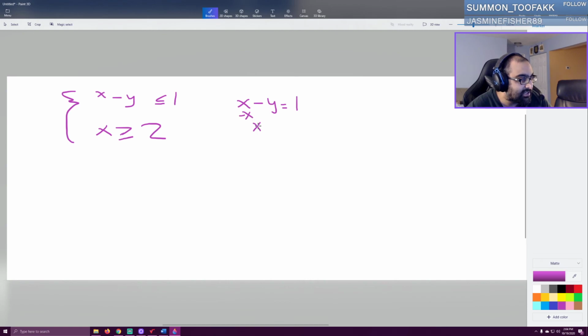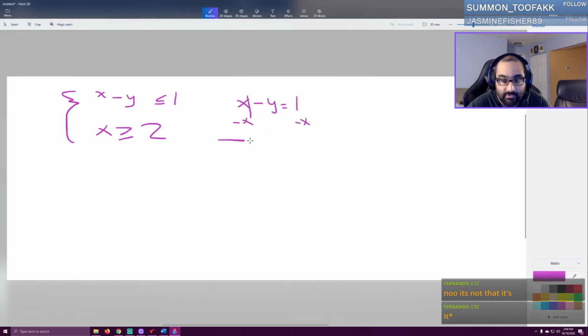Subtract x on both sides. So we divide by -1, get -1 plus x.